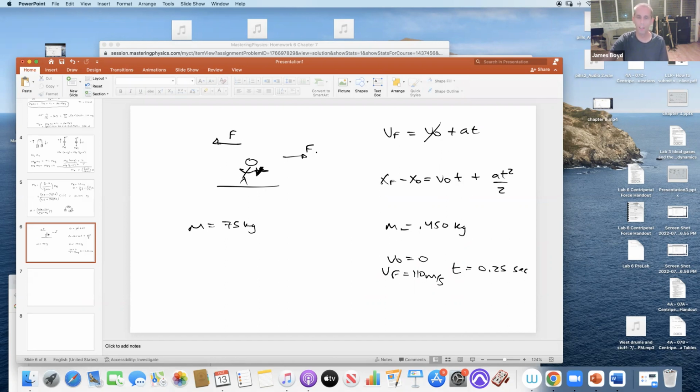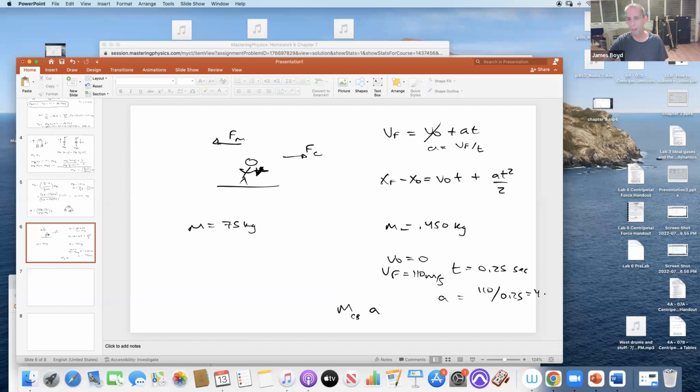This is the force of the crossbow, this is the force on the man, and whatever force is on the crossbow is equal to the force on the man, because they're a third law pair and he's on ice. There's nothing to absorb that force, if you will. So let's find our force. Our force will be the mass of the crossbow bolt times A, but A is equal to V final divided by T, which is 110 divided by 0.25, or a quarter.